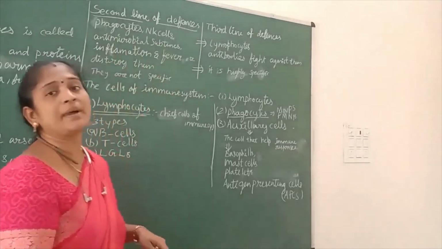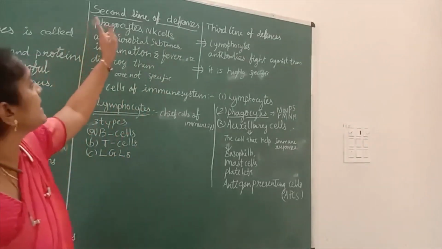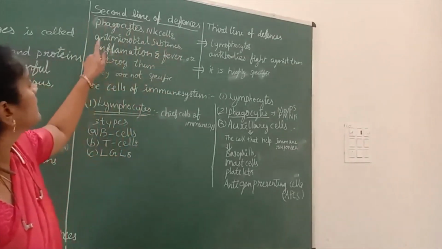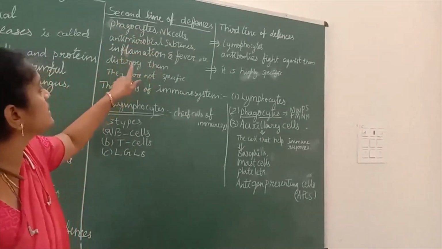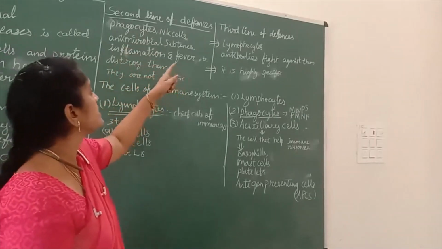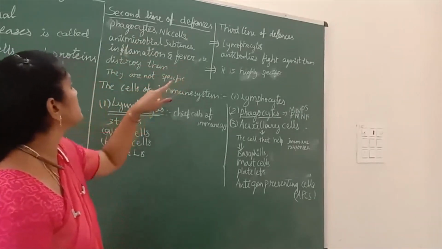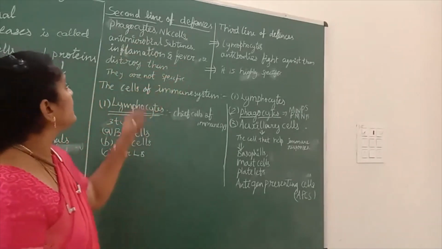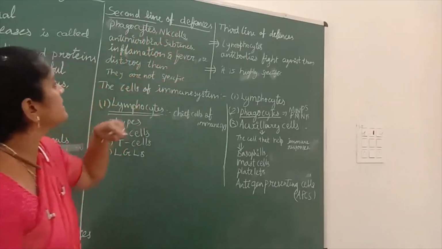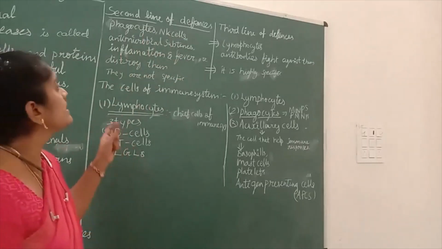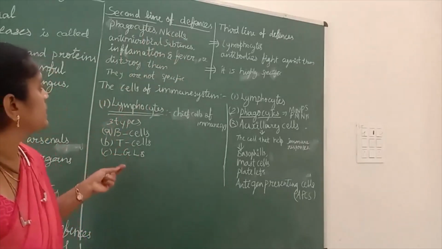So this second line of defense consists of phagocyte cells which are present in our body. They will defend against the microbes. When fever and inflammation occur, these phagocytes, natural killer cells and antimicrobial substances destroy and kill the microbes.